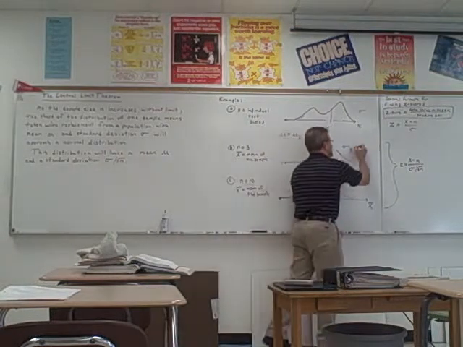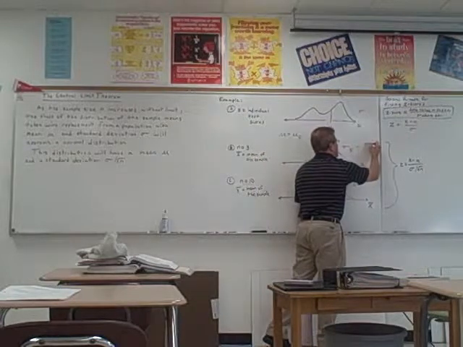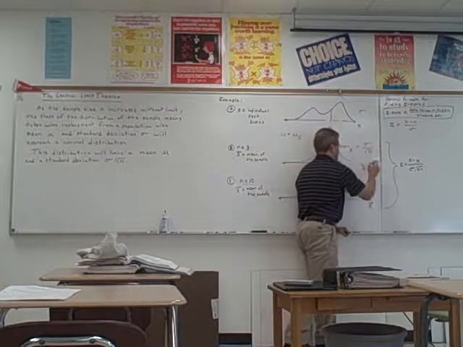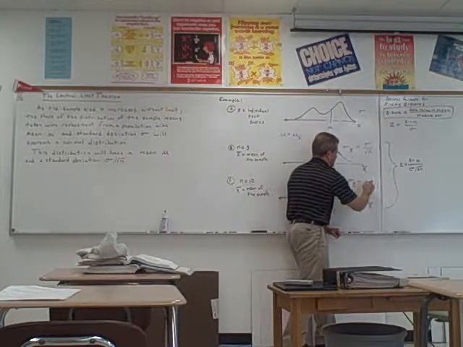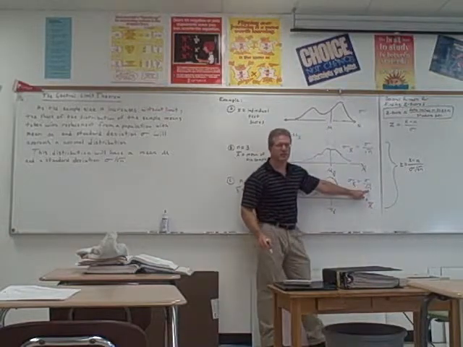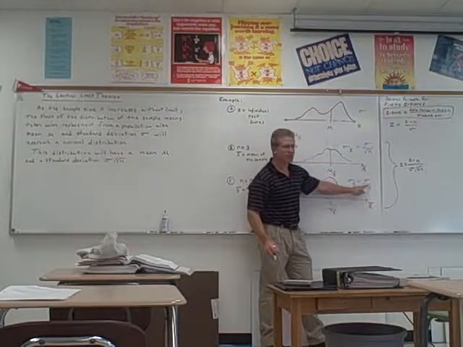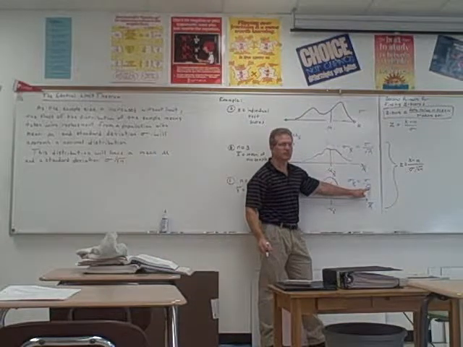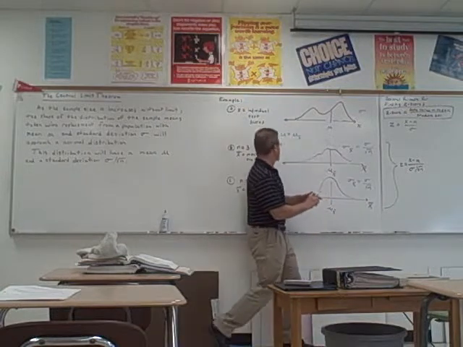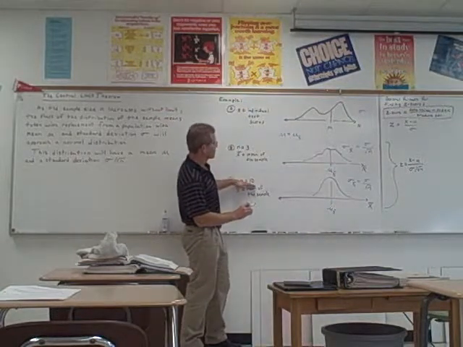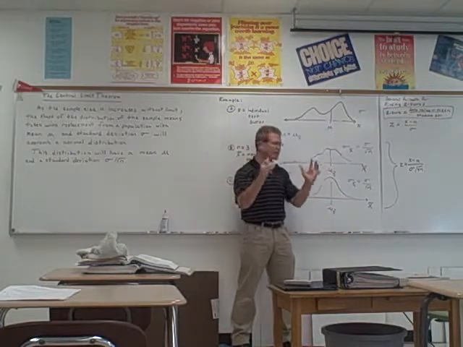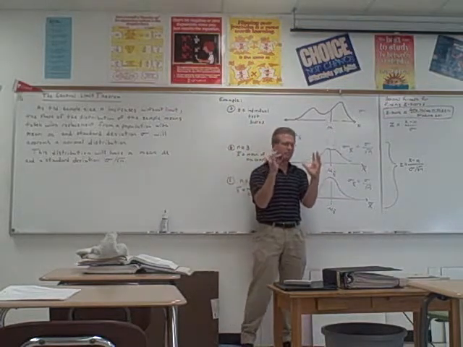And the way we find that standard error is we take our standard deviation divided by the square root of n. Same thing down here, we would take the standard deviation divided by the square root of n. If you think about it, as n gets larger, the denominator here would get larger, so we'd be dividing by a larger and larger number, which is going to make this total answer get smaller. So as n gets larger, the standard deviation, or standard error of the means, gets smaller, which means the data gets scrunched in towards the mean.